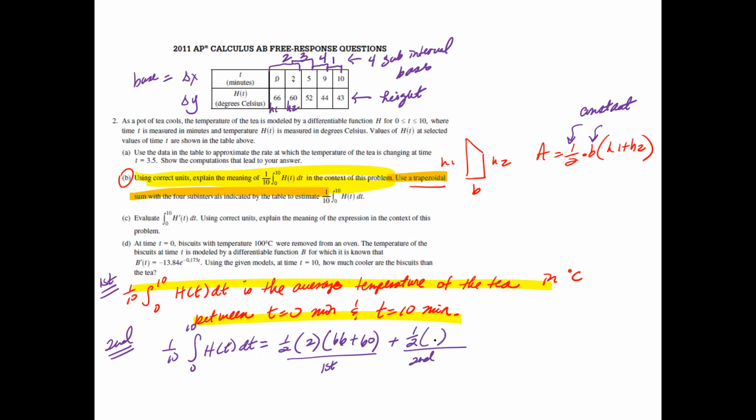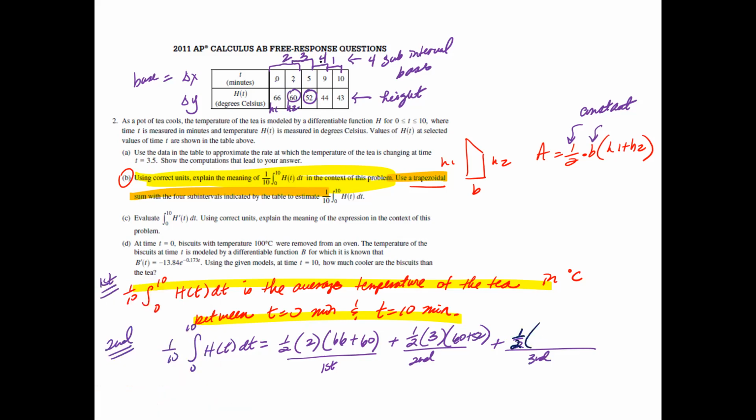My base is going to be a difference of 3. And now it's going to be between 60 and 52, plus 1/2.